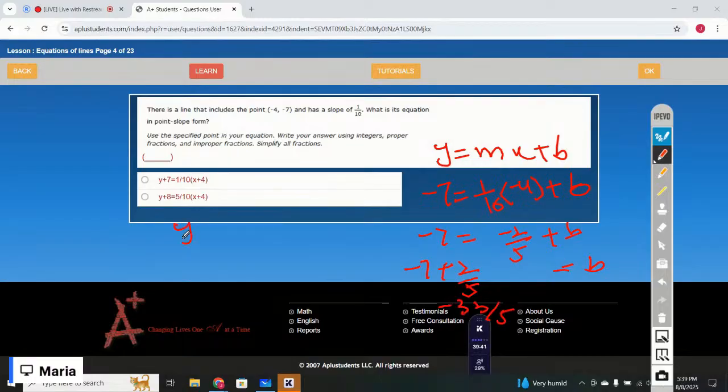So the equation is y equals 1 over 10x minus 33 over 5.